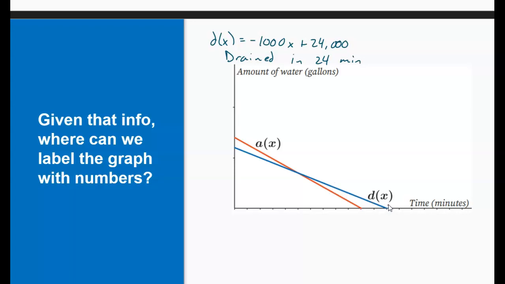So we know that it was drained here, so this must be 24 minutes. And we also know this is where it started. We said this is how much was in there when it started, so this must be 24,000. And we know that this is the slope. So we could say the slope of this blue line is negative 1,000.